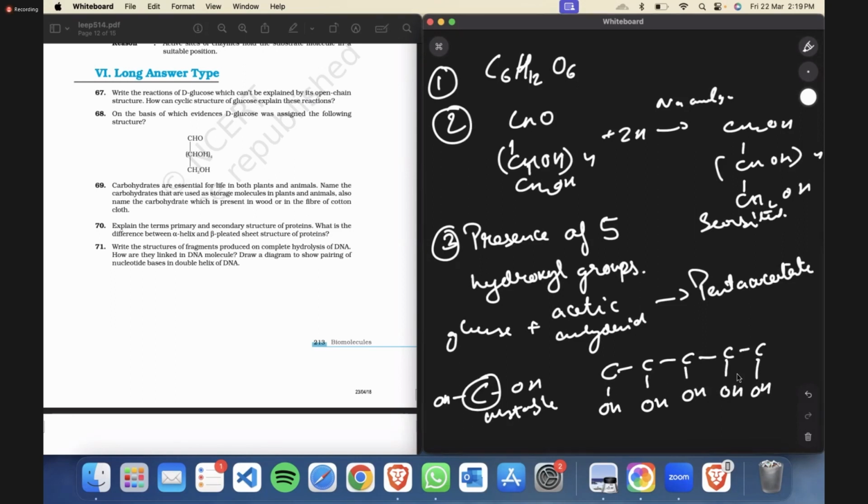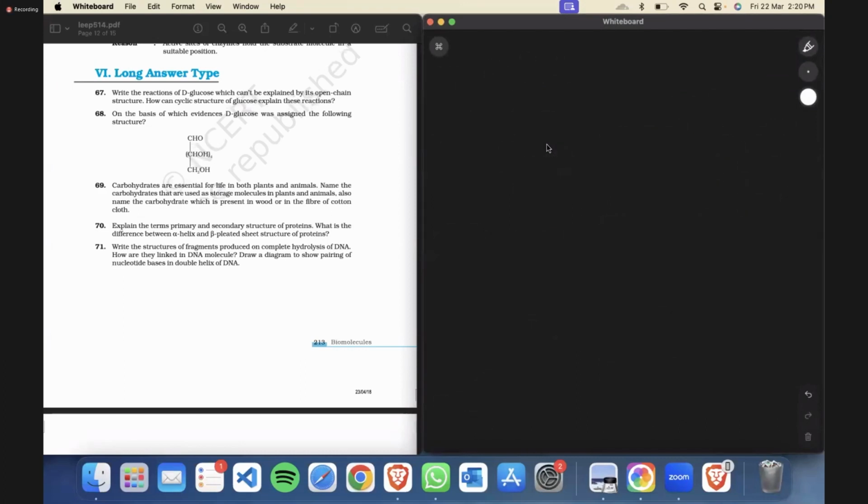Presence of one primary alcoholic group. Since CH2OH is initially there, it is a primary alcoholic group. On oxidation with nitric acid, both glucose and gluconic acid give the same dicarboxylic acid, saccharic acid or glucaric acid. A primary alcoholic group CH2OH is always present at the end of the carbon chain. Now lastly, presence of an aldehyde.